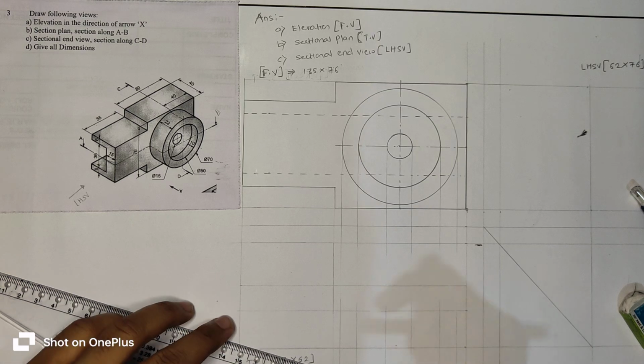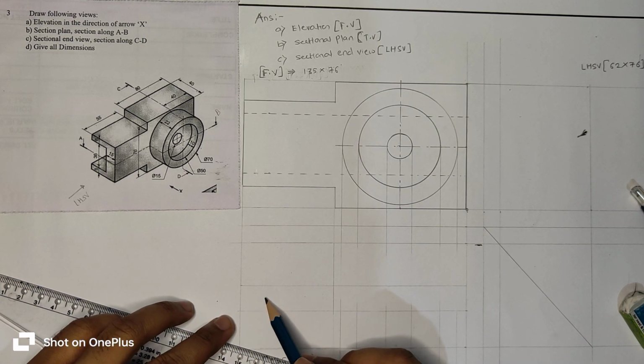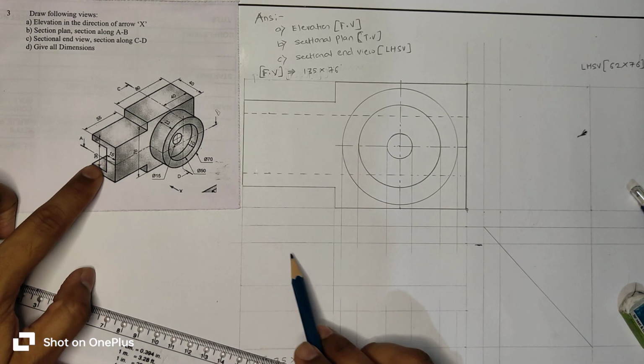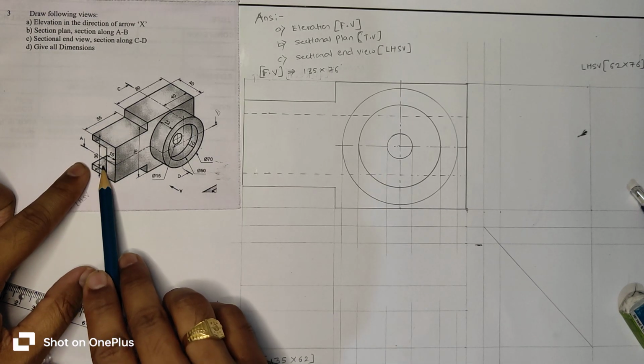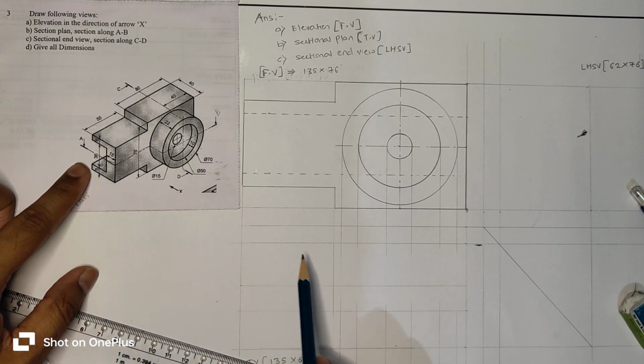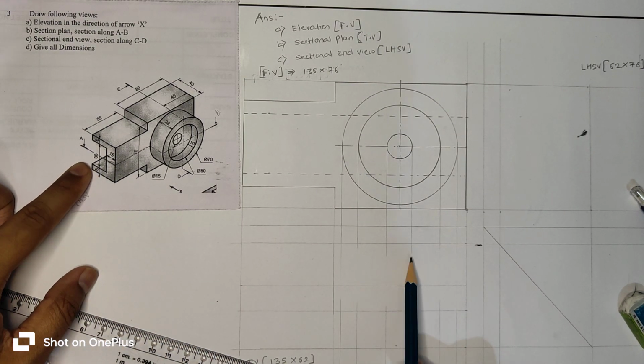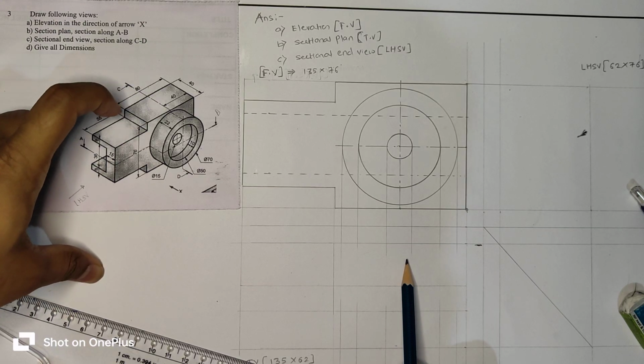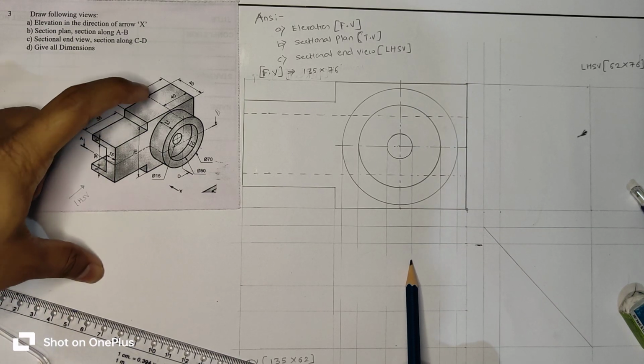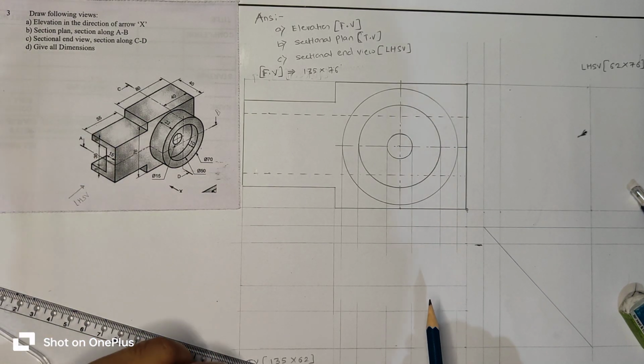So this part where material is cut, this rectangle is the shape. Okay, and this rectangle is not visible here, it is on the lower side of this rectangle.